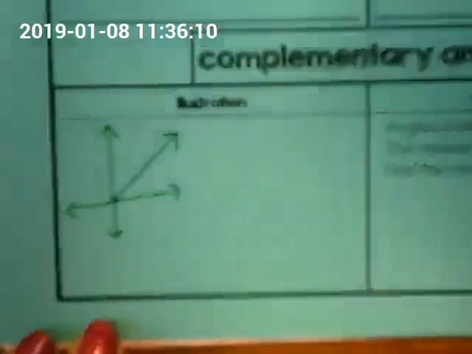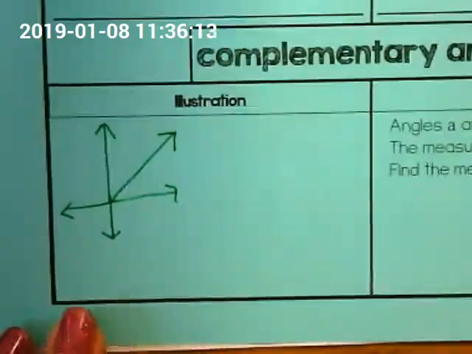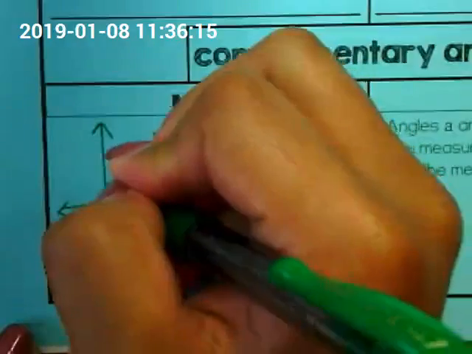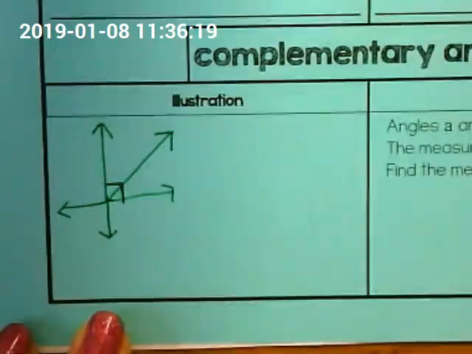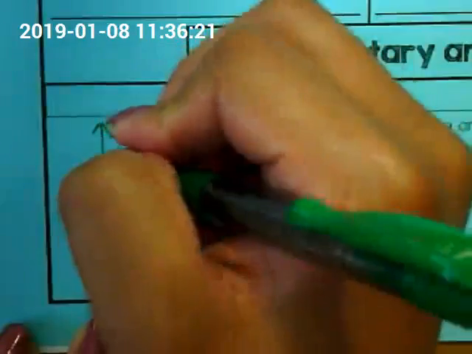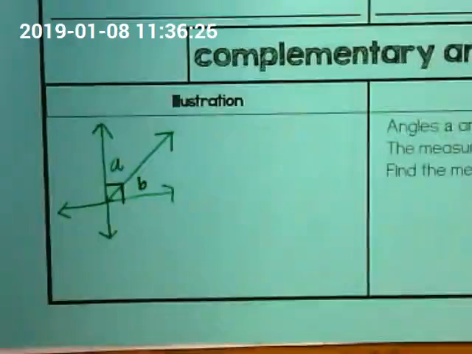Let's see if I can make this clear. And these two angles here are going to come together to make 90 degrees. So I'm going to call the one at the top A, the one at the bottom B. So those two angles, A and B, add up to 90 degrees.